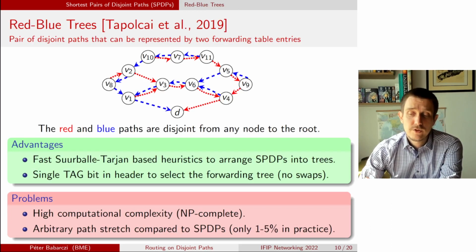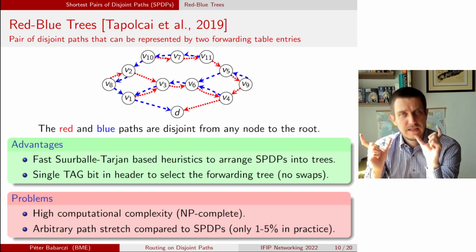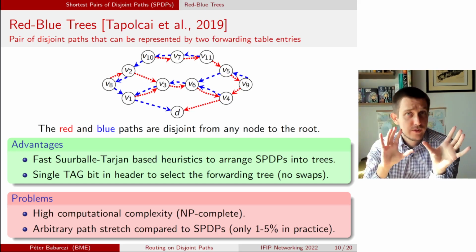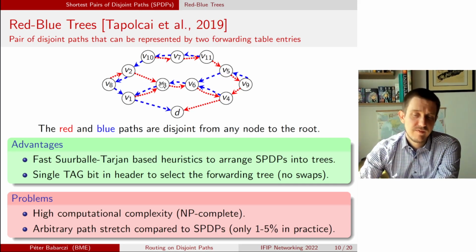The second possible implementation of the Serval-Tarjan algorithm is the red-blue trees, in which case we have a very fast heuristic to arrange these T and P links into two trees, the red tree and the blue tree, which has the property that starting from any node, for example, if we pick V3, then the blue path will be completely link disjoint from the red path.